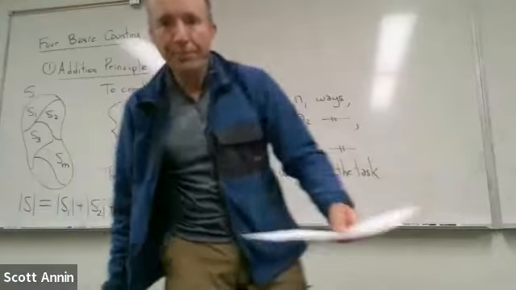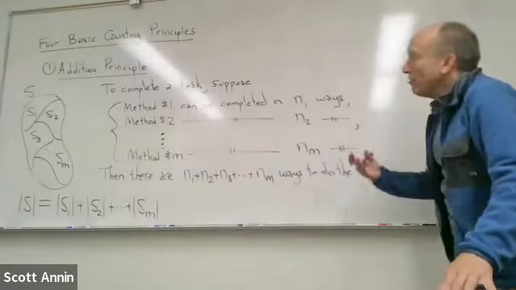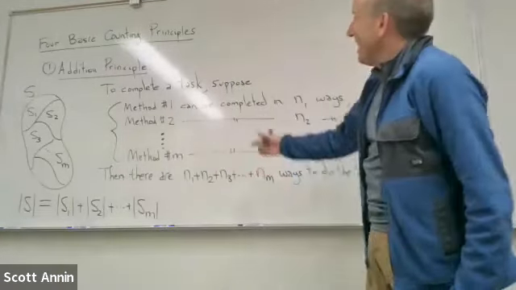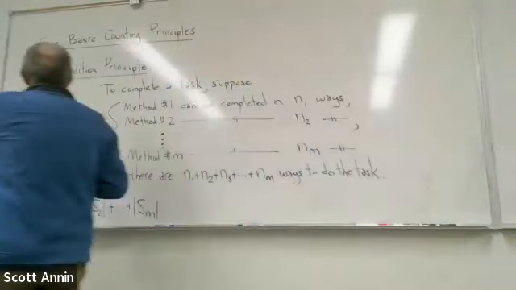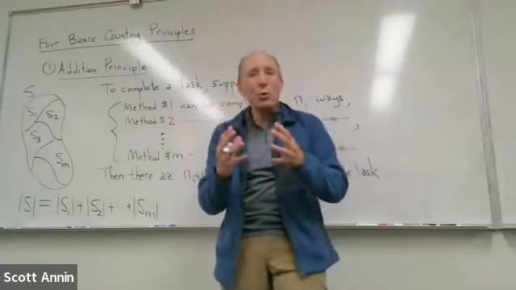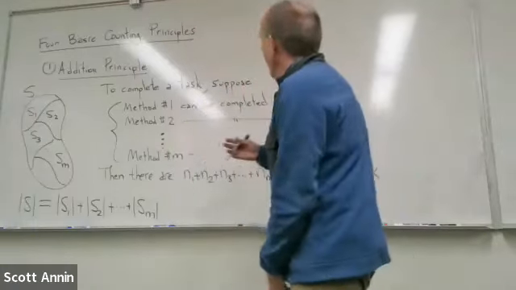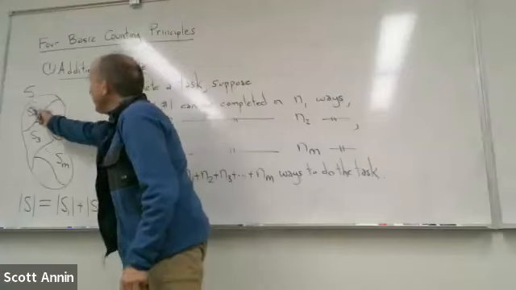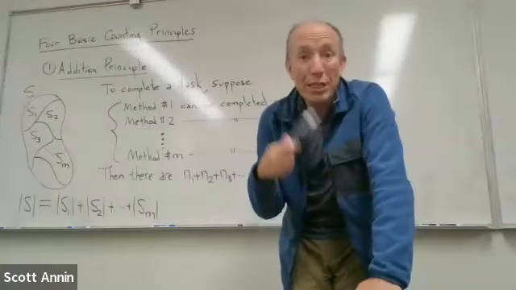By now, you've maybe made the connection that method 1 is being represented in my picture over here by S1. S1 is the set of all of the ways of completing the task using method 1.